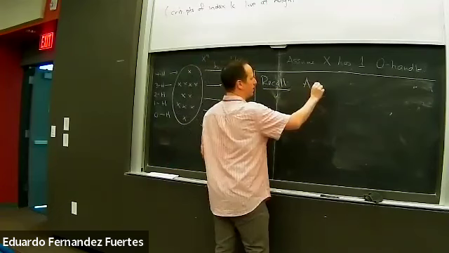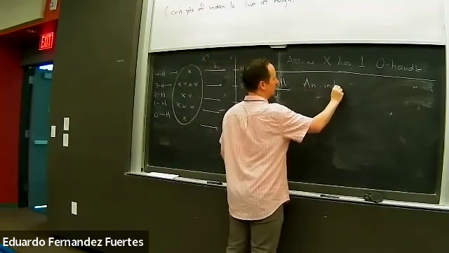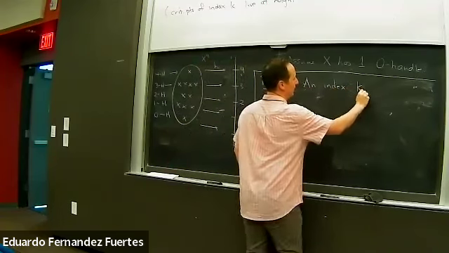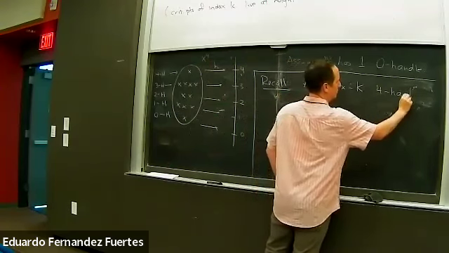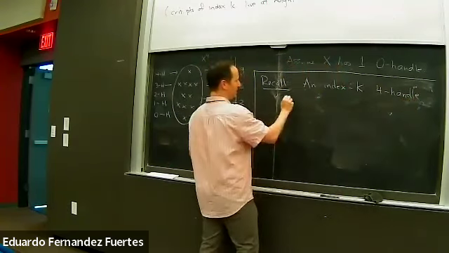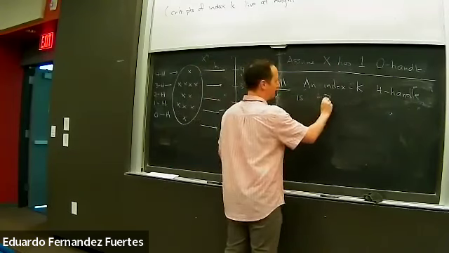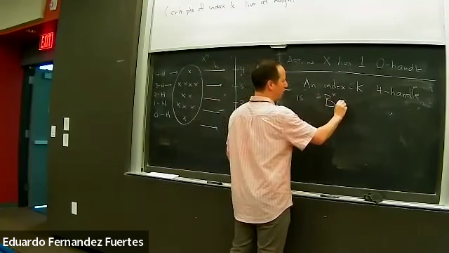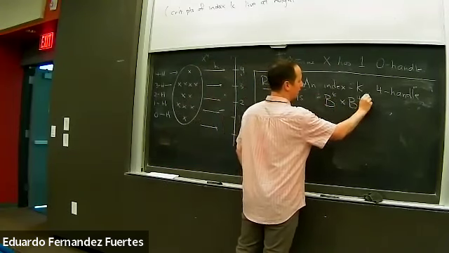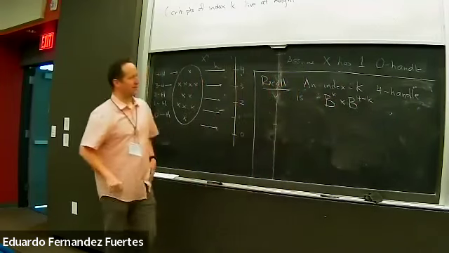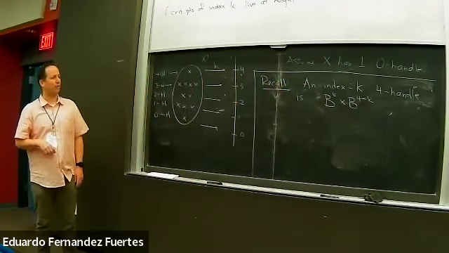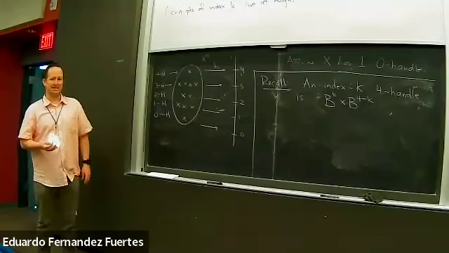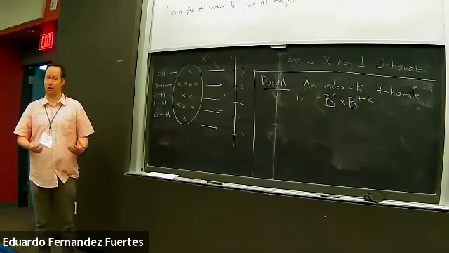Recall an index K four handle is really just a copy of a K ball times a 4 minus K ball. So we're taking a K-dimensional ball and we're thickening it up to be a 4-dimensional ball. And we think of these things as being attached to a 4 manifold along the boundary.